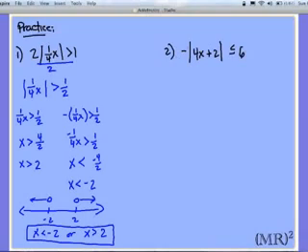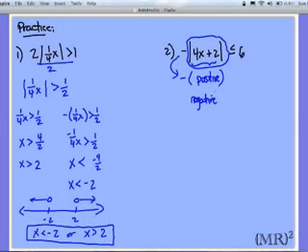Now, number 2 is kind of a trick question that I gave. Because here I have absolute value of 4x plus 2, and no matter what x is, absolute value of the stuff will always be a positive number. So this part here will always be positive, but then when you multiply a positive number with this negative out front, a negative times a positive will be a negative.